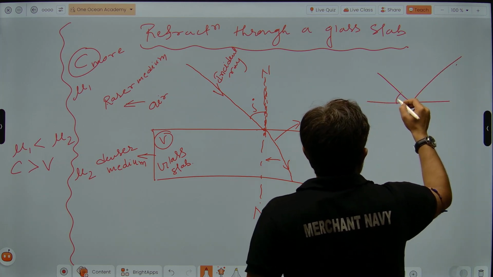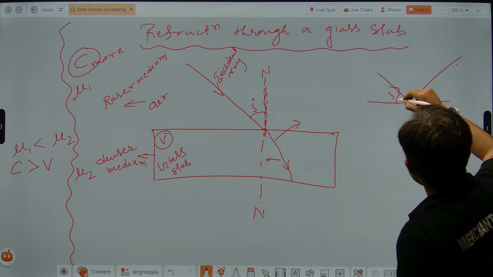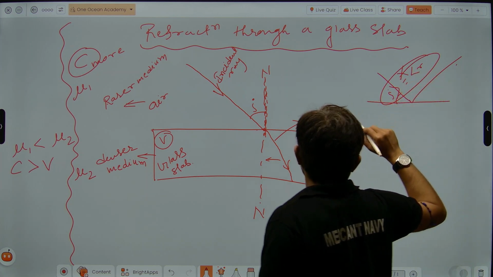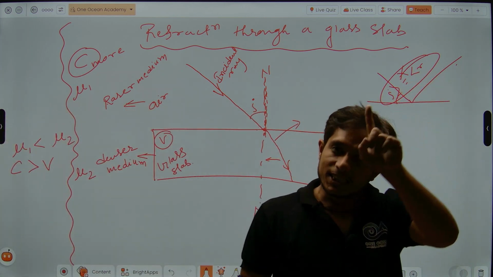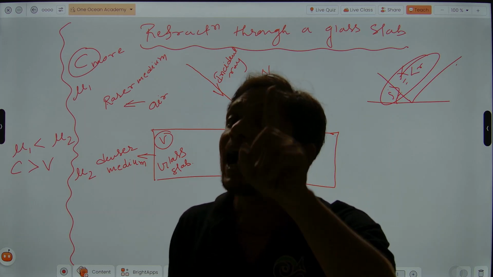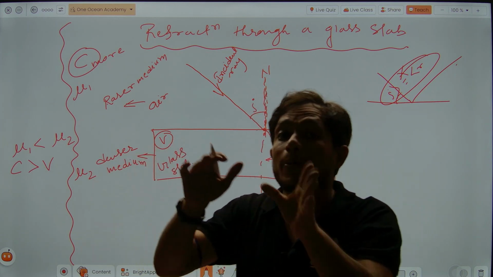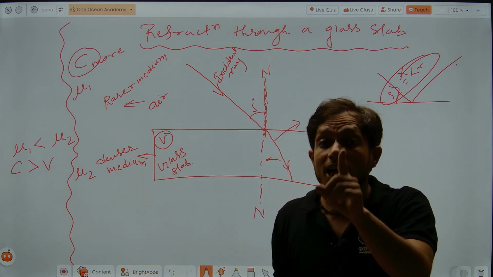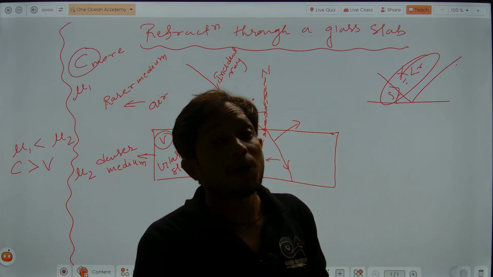Because it is not going in the same path as in reflection, the angle of incidence is not equal to the angle of refraction. Why? Because it is not a reflection. In reflection, what have we read? The angle of incidence is always equal to the angle of reflection.